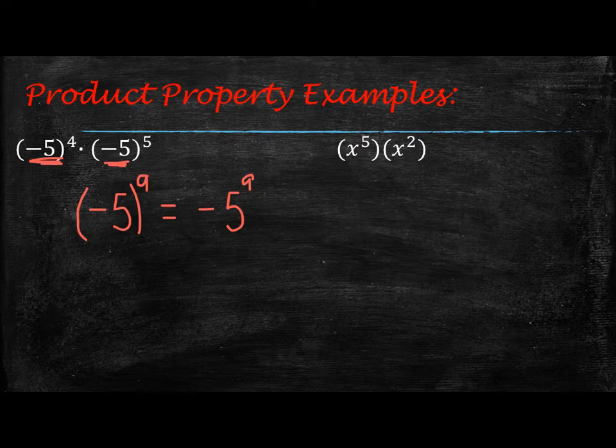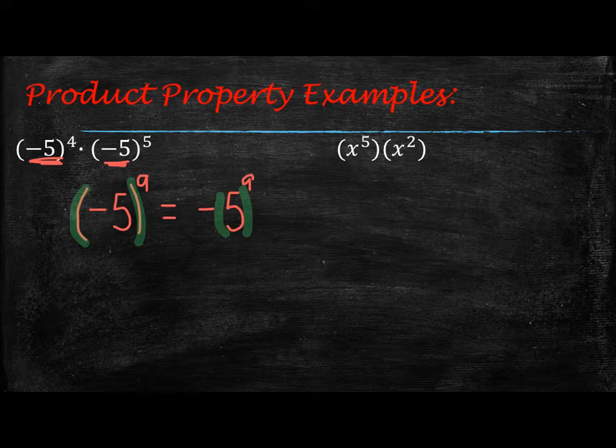Because remember that when you're using parentheses, that 9 exponent is going to go to both the negative, or to the negative 5. But when I have it here, that 9 is only going to go to the 5, and then it's going to make it negative. So again, in this particular case, they're the same thing because of the odd exponent. If it was an even exponent, then it would turn to a positive.